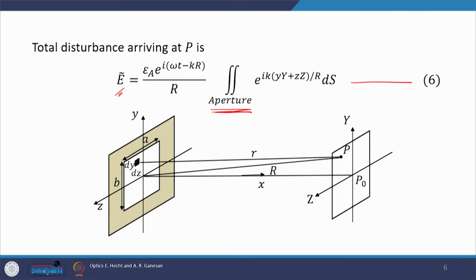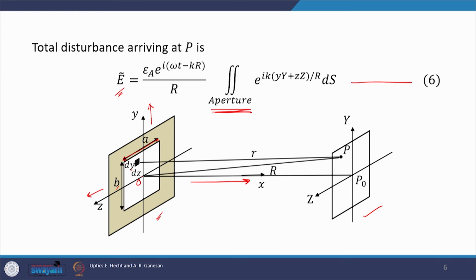Okay, once we have this, let us go to our problem, which is to calculate the irradiance at the screen due to the rectangular aperture. Now, the rectangular aperture is kept here, and it has dimensions a and b, and the center is here at point O, which is the origin. X is pointing in this direction, y is vertically up, and z is coming out of the paper.